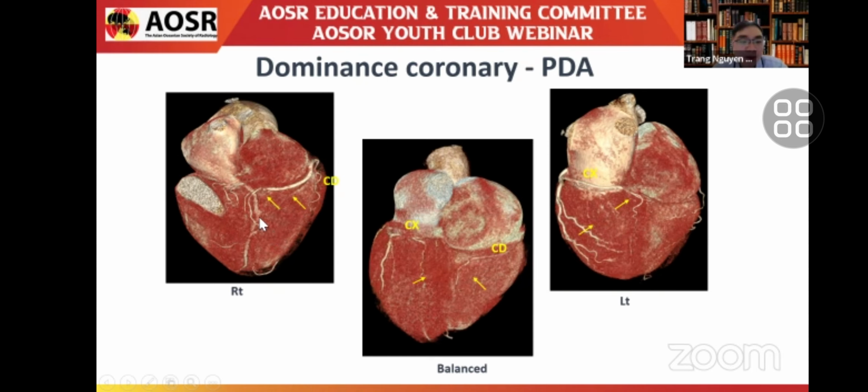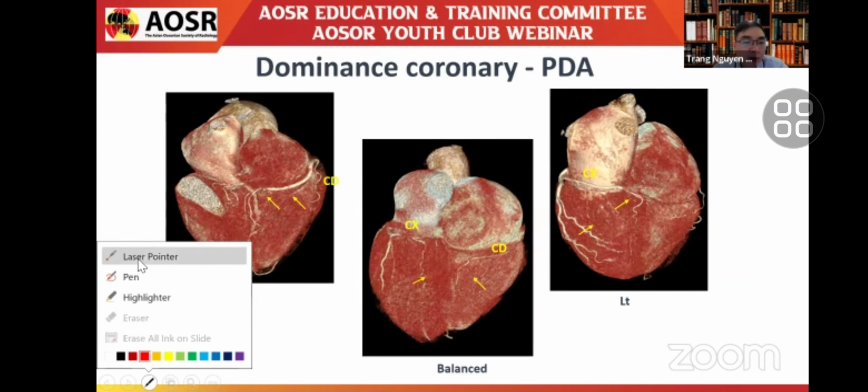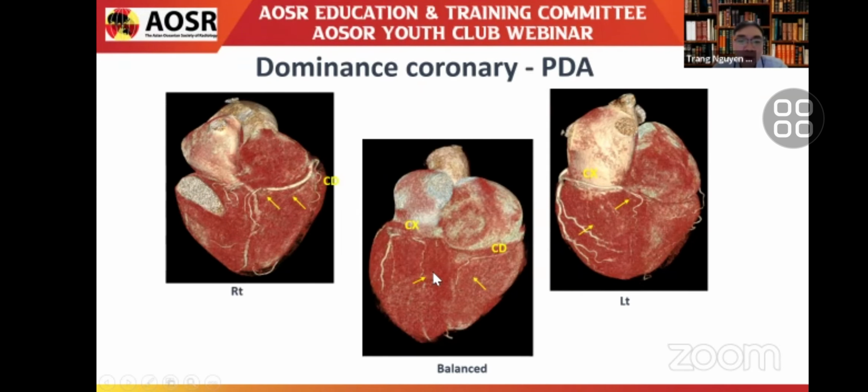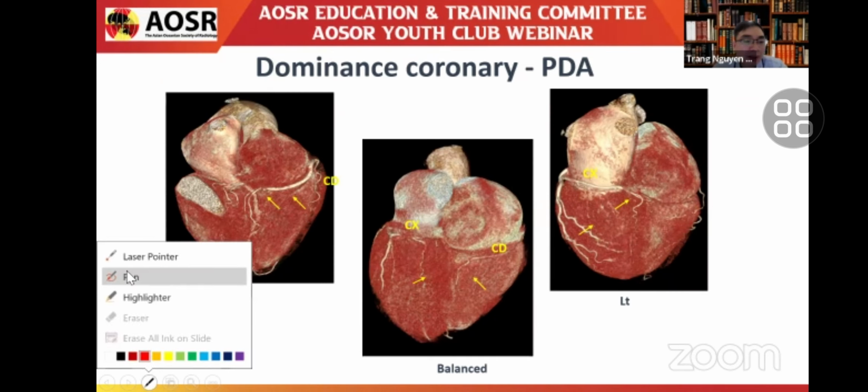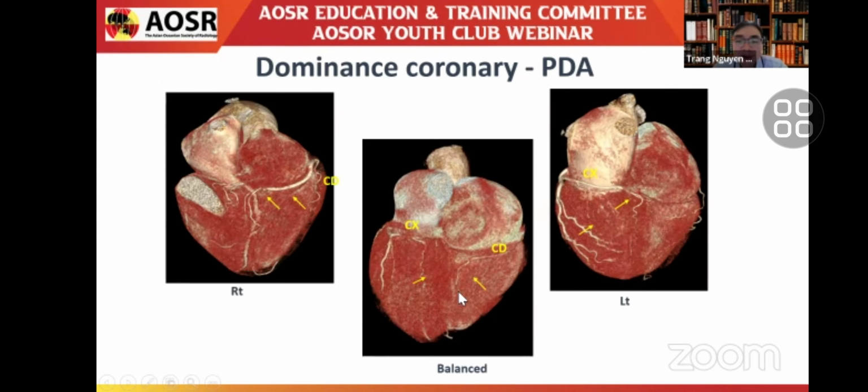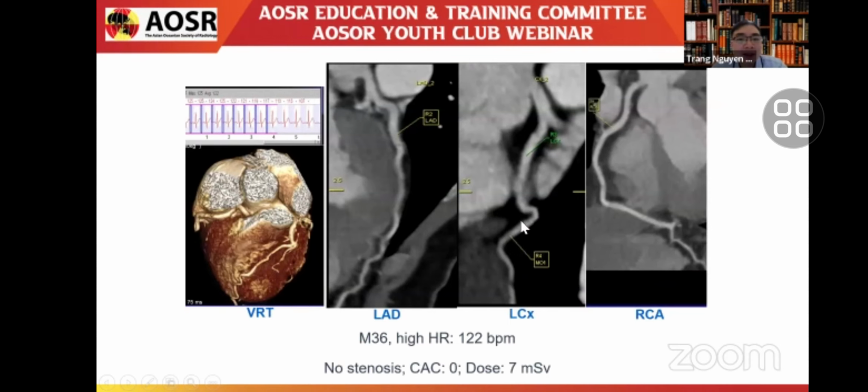Normally the patient has right dominant PDA, that is, the PDA comes from the RCA. Sometimes they have two PDAs that can cause a balance, and then some patients have left dominant arteries, that is, the PDA comes from the LCX.